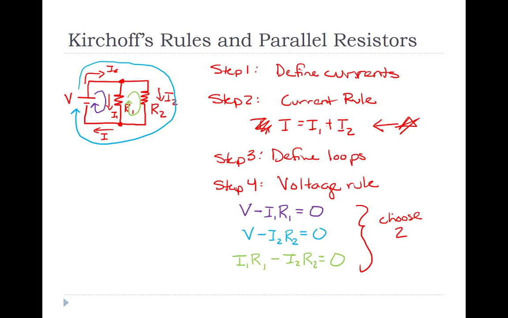If you look at these, you will see that if I take the blue equation and the purple equation and solve them simultaneously, I end up getting the green equation. These 3 equations at the bottom, purple, blue, and green, are not linearly independent. I can get one by combining the other 2. Therefore, it's not going to make a difference which 2 I choose.